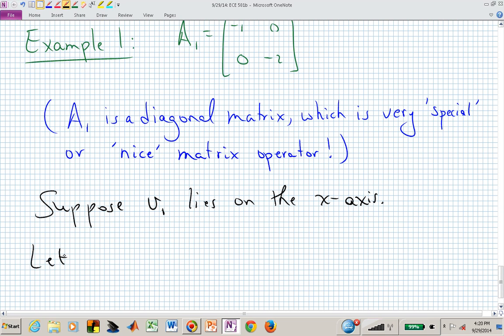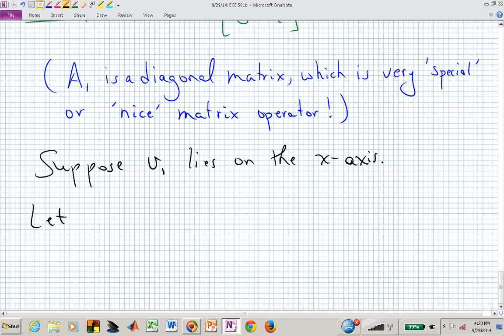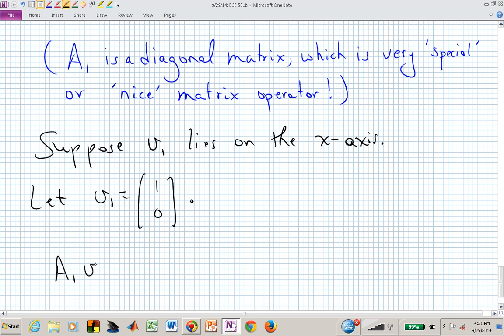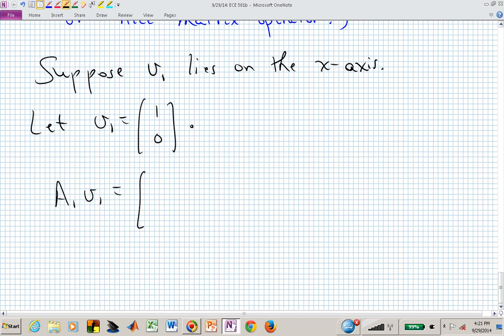And a straightforward vector in the x-axis direction, we could just say, let's let v1 be the standard vector (1, 0). If we now take A1 and operate on it with the vector in the x direction, we now have [-1, 0; 0, -2] times (1, 0). What's our output?